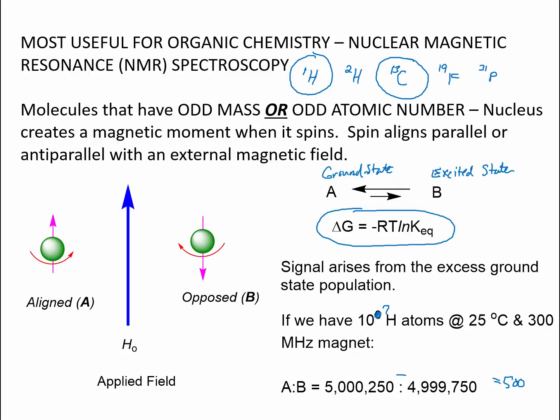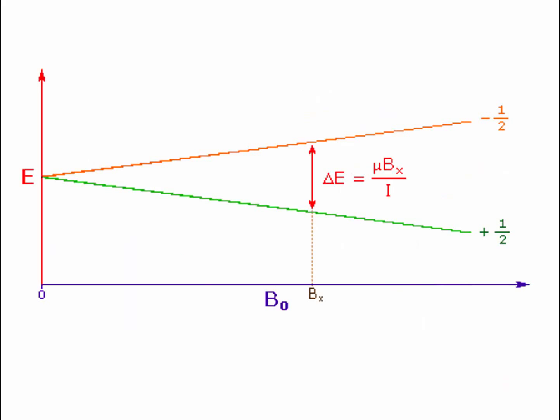NMR goes a lot deeper than what I'm talking about here, but I want to get to how organic compounds affect the NMR spectrum. That's going to be the focus of this section here, not the physics involved with magnetic absorption. Okay? All right.